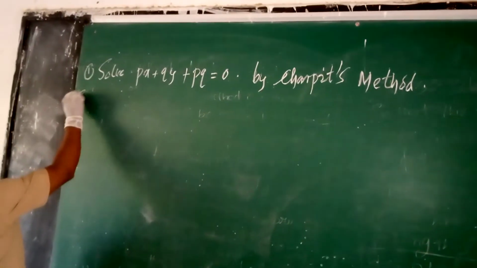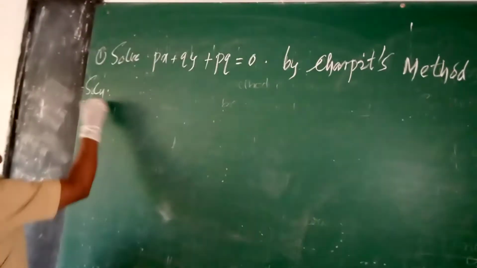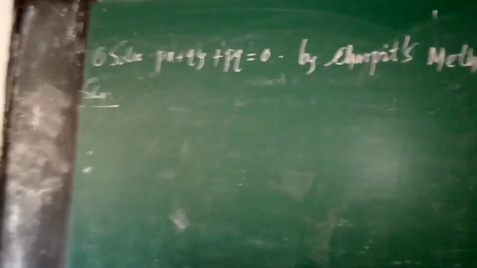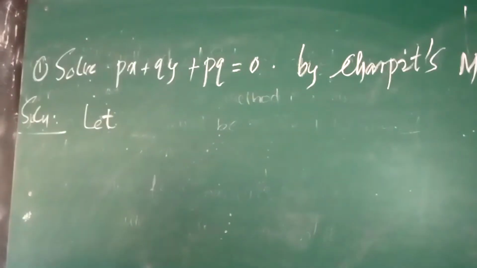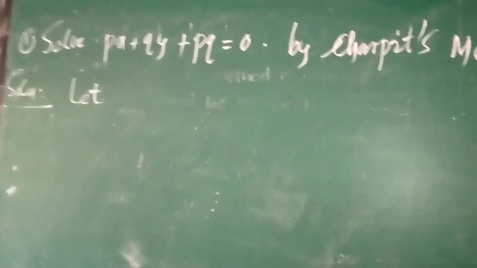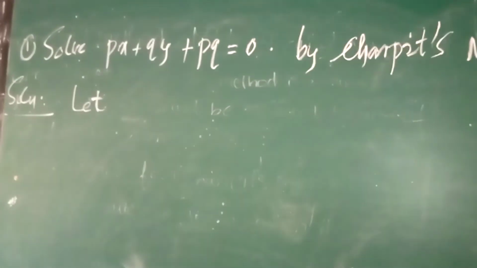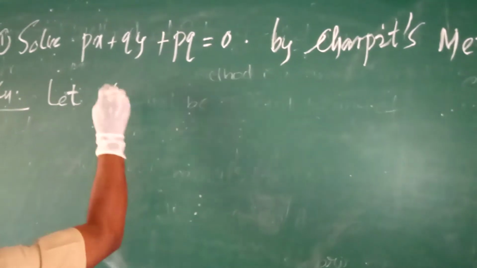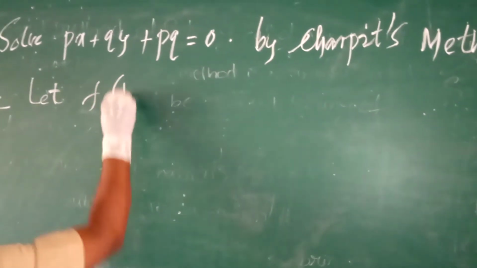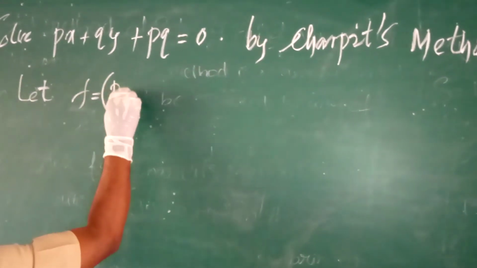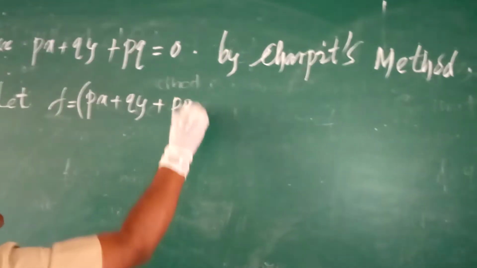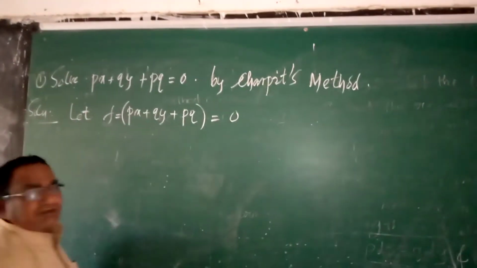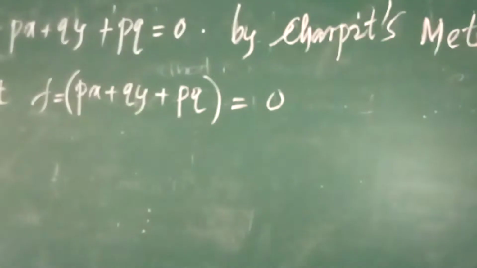Here, in order to find the solution, first of all express it in the form f(p, q, x, y, z) = 0. Let f = px + qy + pq = 0.